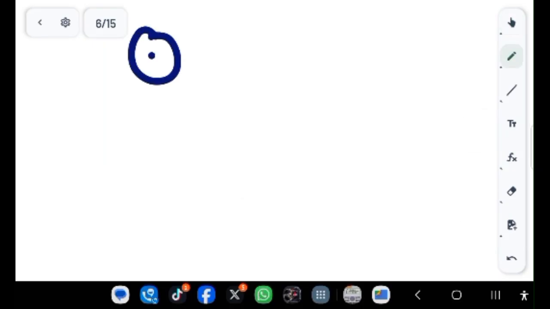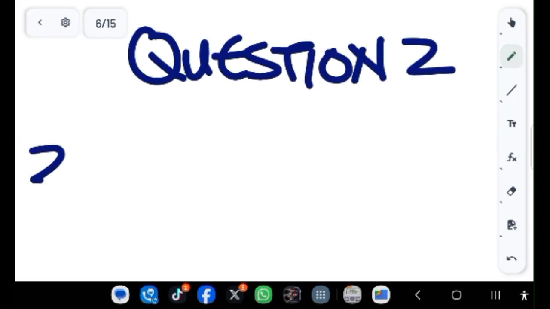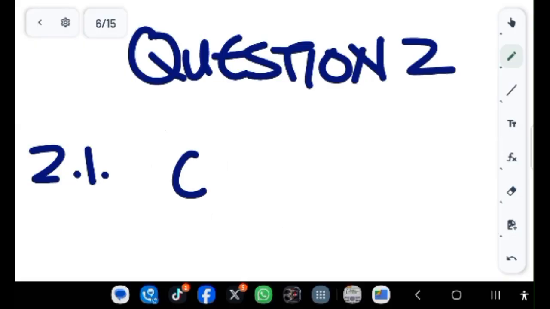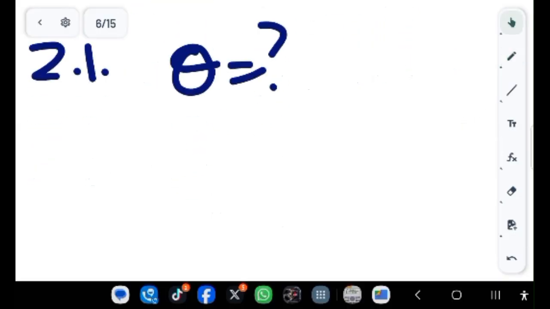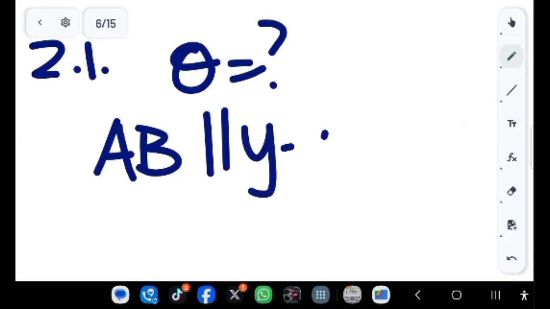We're on question 2.1. Okay, we're looking for the size of angle theta. AB is parallel to the y-axis.